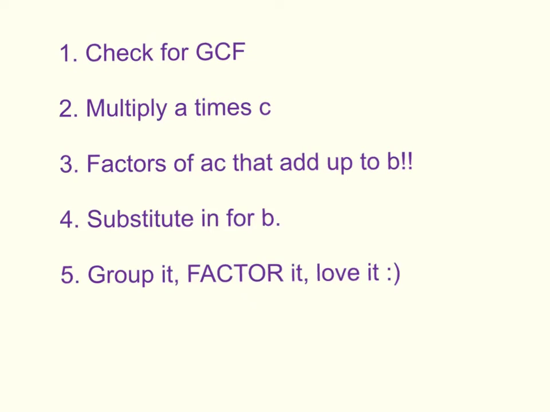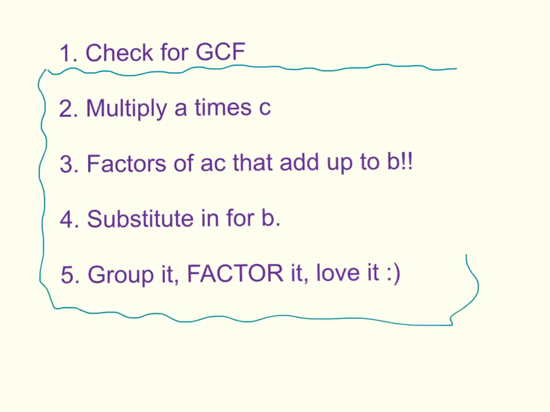Alright, so here are the steps to factoring trinomials. The first step is to check for a greatest common factor. We're not going to worry about that for today's lesson, but do know that once we learn all the ways of factoring, this is truly always your first step: you always have to first look, is there a greatest common factor? But in today's lesson, you will not have any greatest common factors.